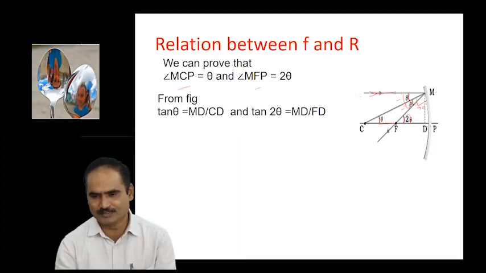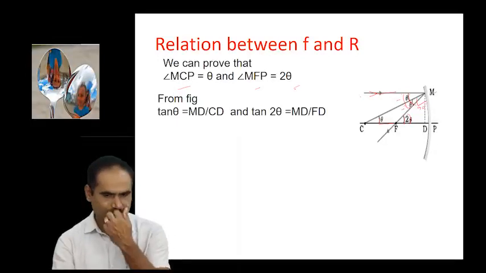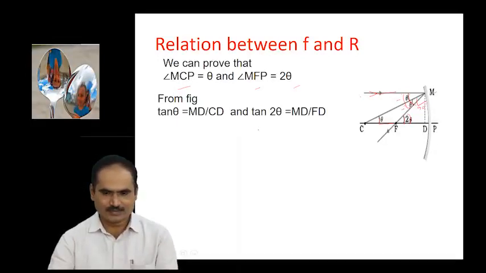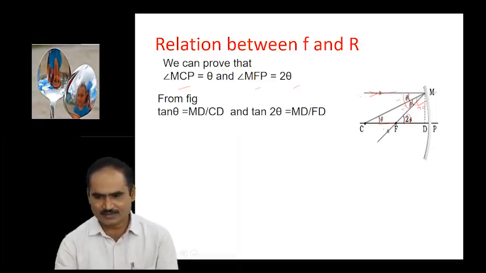Okay, so from the figure and by using tan theta, we will write tan theta is equal to MD by CD, because opposite by adjacent, and tan 2 theta is equal to MD by FD.